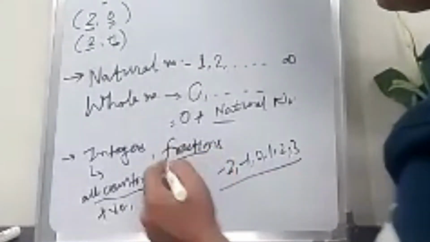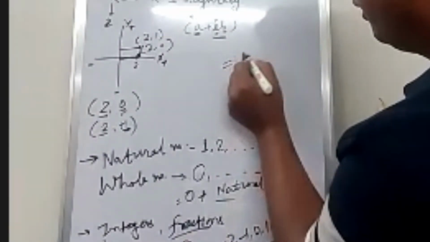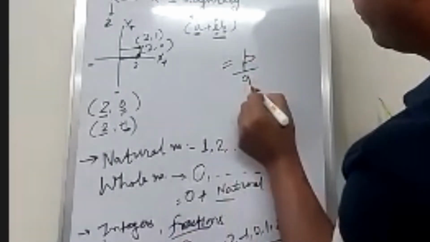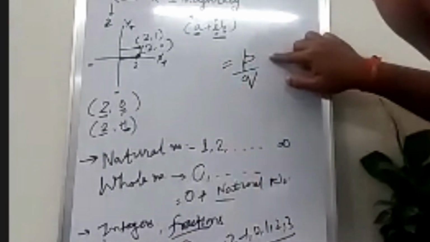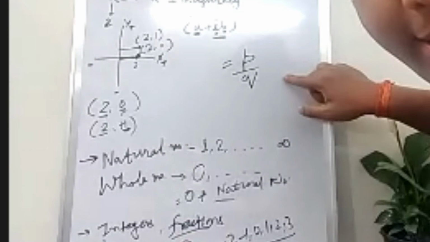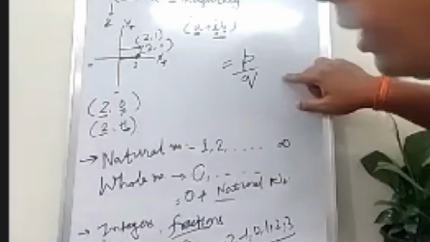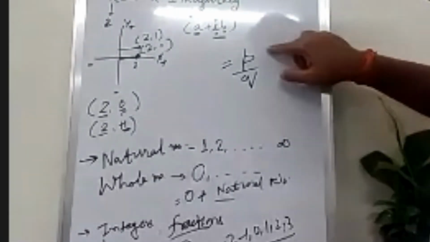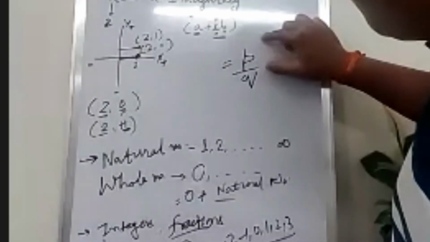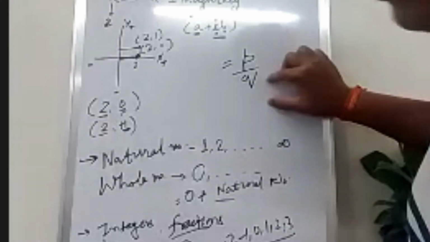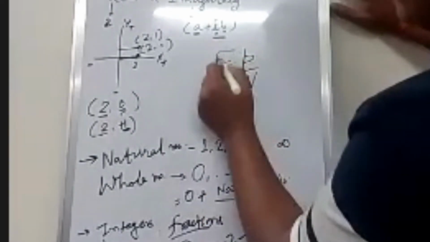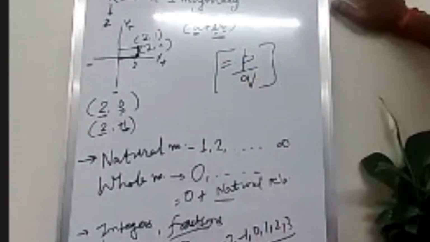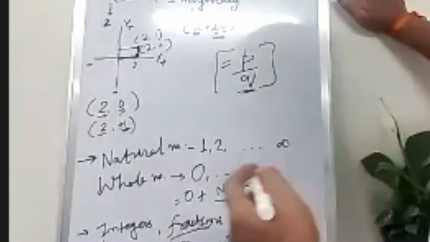When I say fractions, they are always in the form of P by Q, which means there is a numerator, there is a denominator, correct? I hope you guys understand numerator and denominator. The upper part of the fraction is the numerator, and the lower part is the denominator. So ideally it's a fraction, correct?